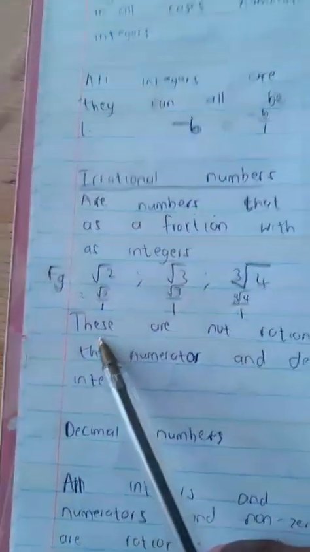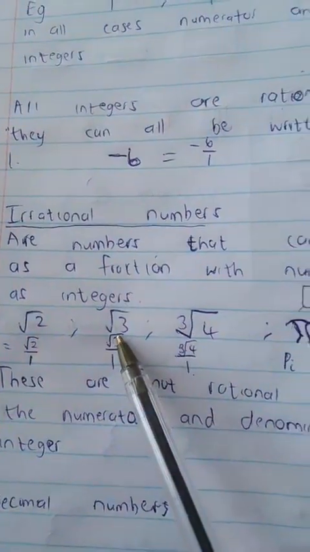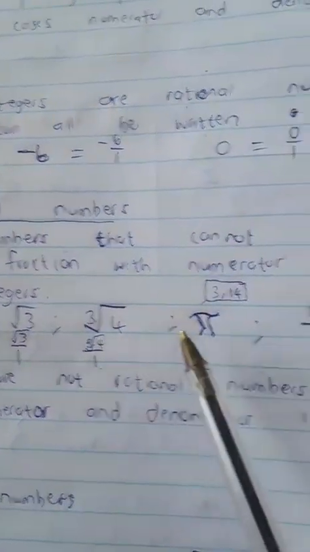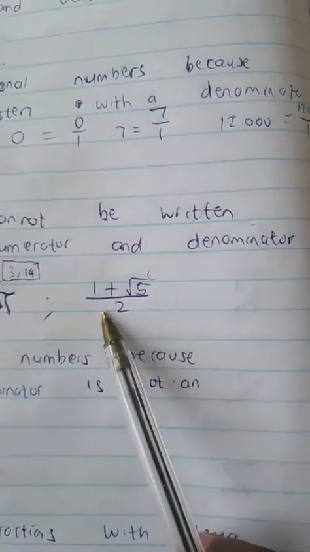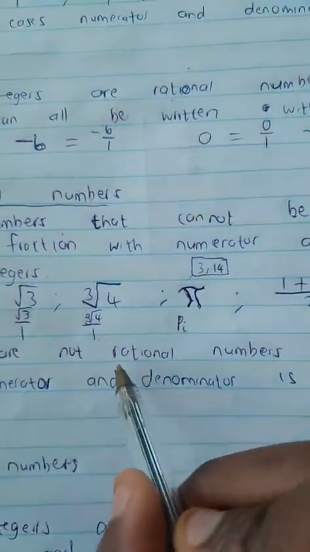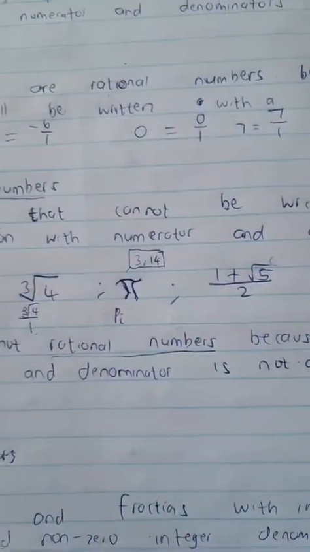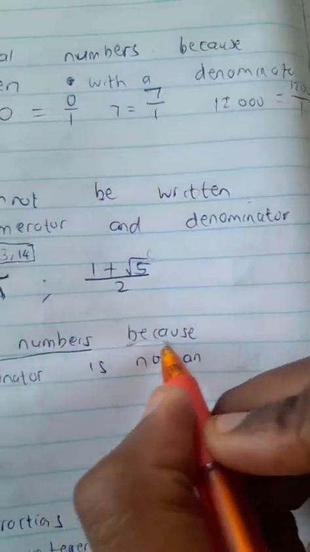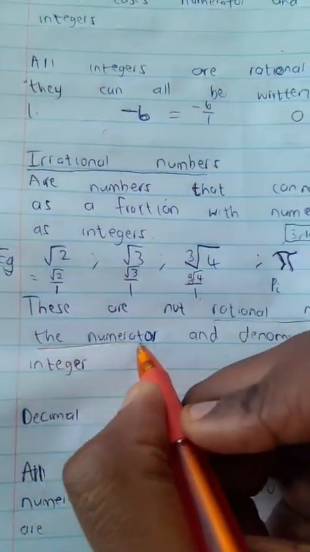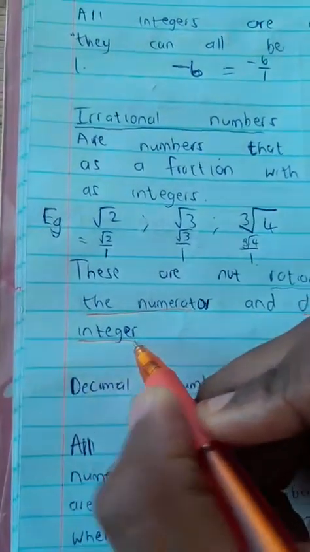So the conclusion we can make about the square root of 2, the square root of 3, the cube root of 4, pi, and 1 plus root 5 over 2 is the following: these are not rational numbers. Why are they not? Because, and this is the very important point here, the numerator or denominator is not an integer.